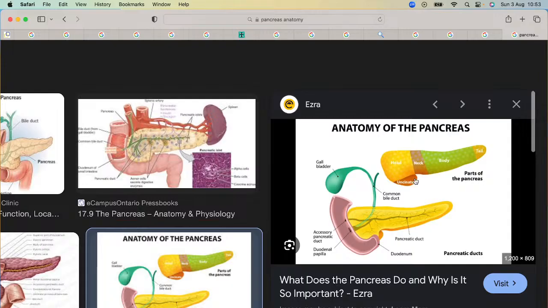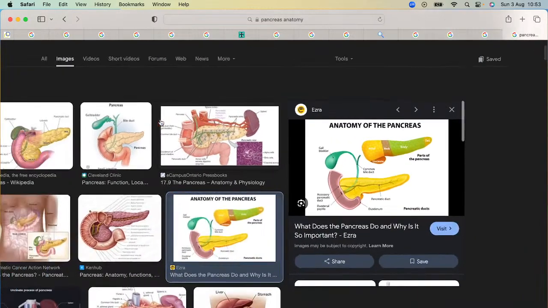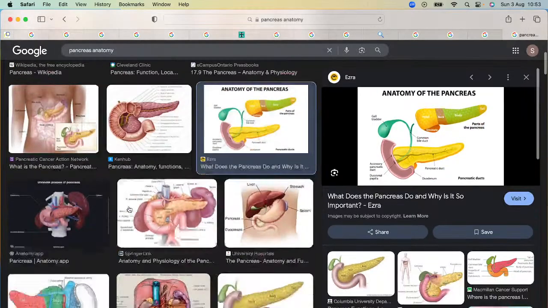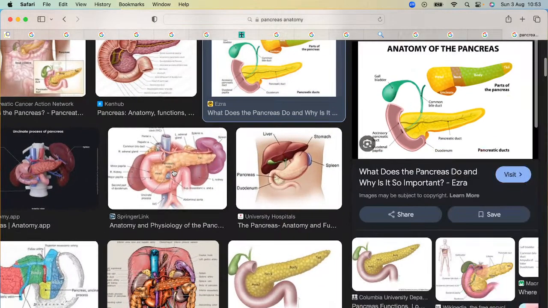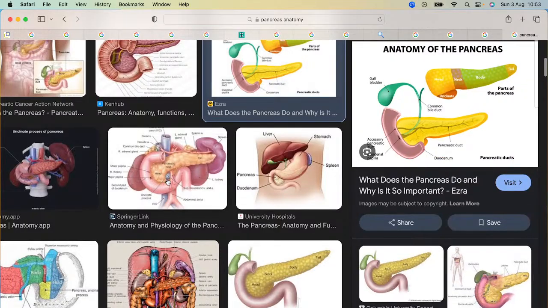There are 2 important structures running between the neck and the uncinate process, which are not shown here. Yeah, you can see them in this diagram. We have the superior mesenteric artery and vein running between the neck and the uncinate process.